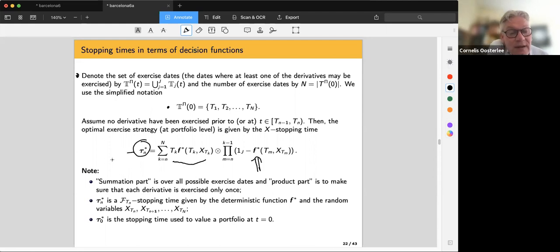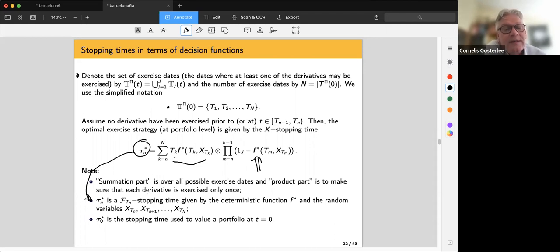Now this tau n is an F_t stopping time given by the deterministic function or vector f star. And the random variables, of course, they depend on X_t and t, right? So we have the random variables X_{t_{n+1}} up to X_{t_N}.